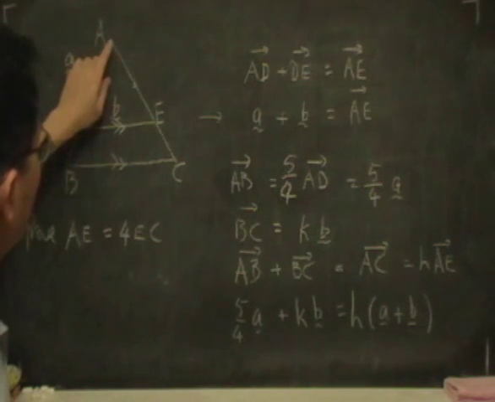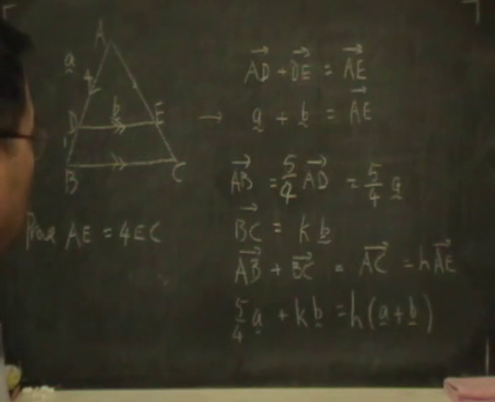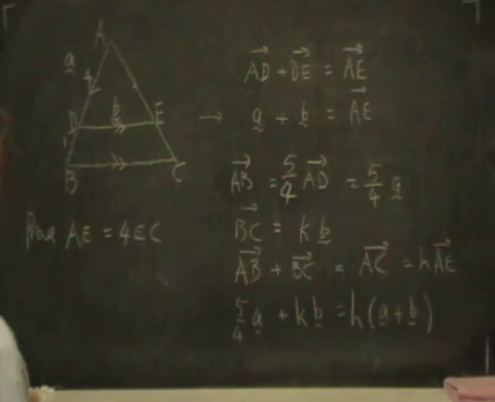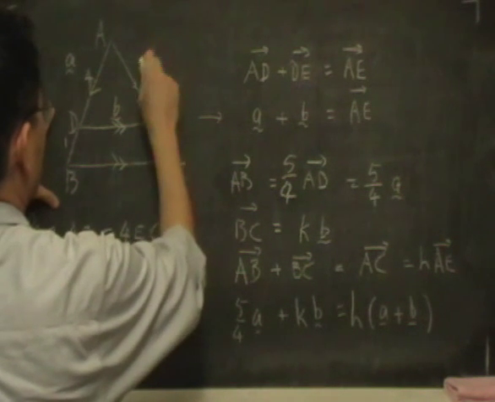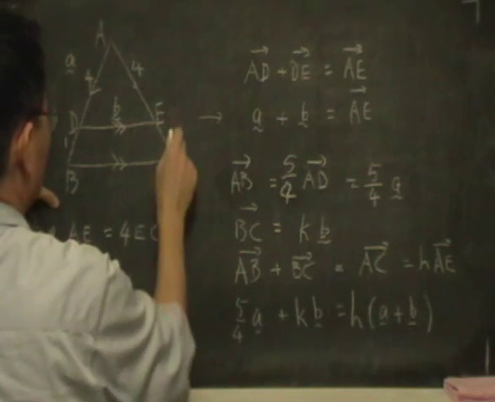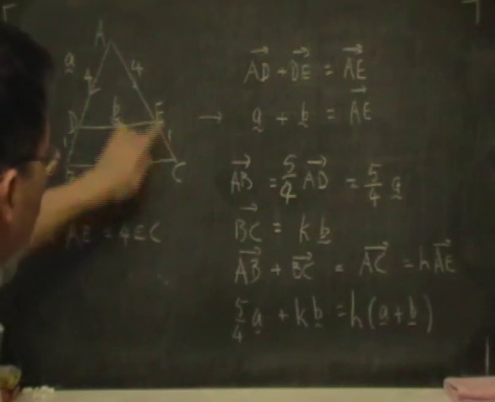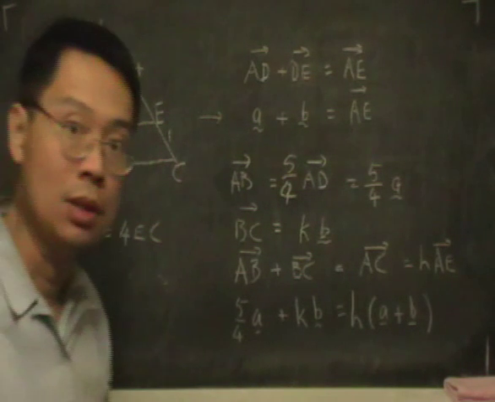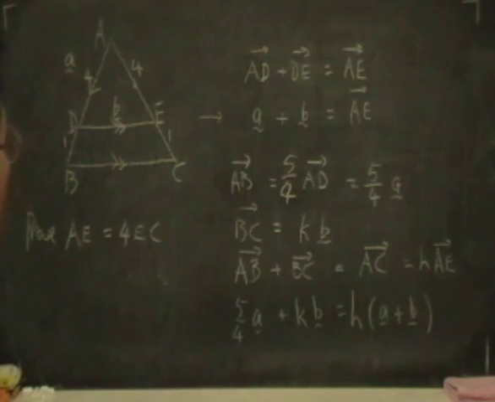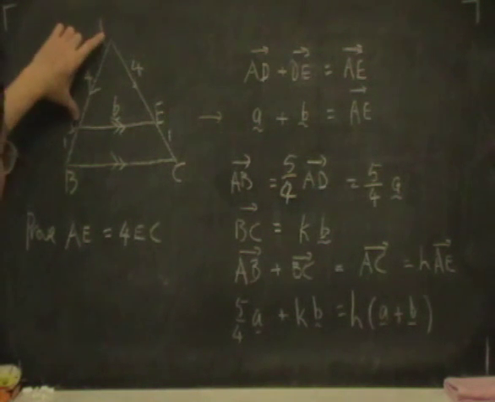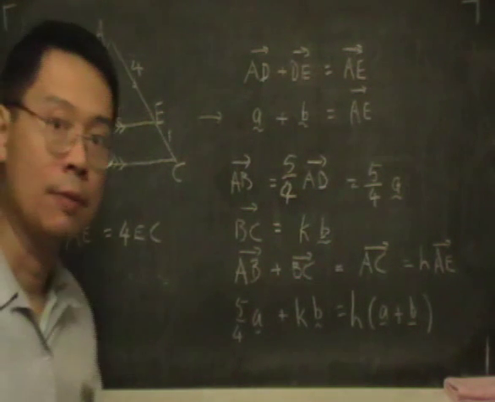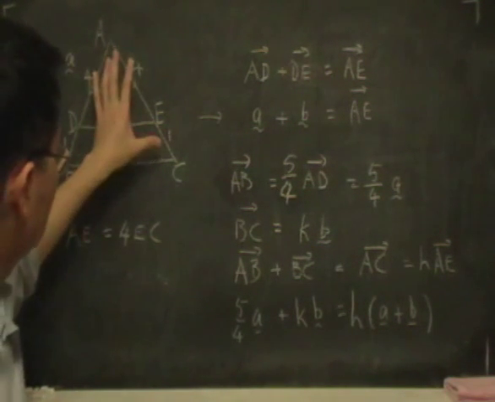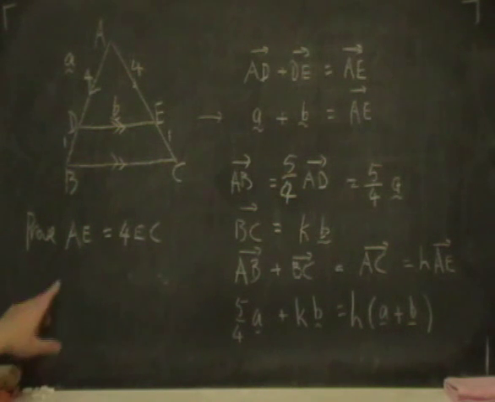So in other words, AC and AE are in the ratio 5:4, meaning that if this is 4 parts, this must be 1 part, so that we have a total of 5 parts, and AE is 4 parts and AC is 5 parts. So they must be in this ratio, exactly the same ratio as between AD and AB, right? So therefore, from this result, we can now get the answer for this.